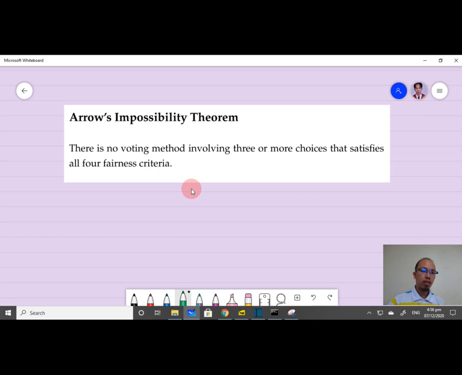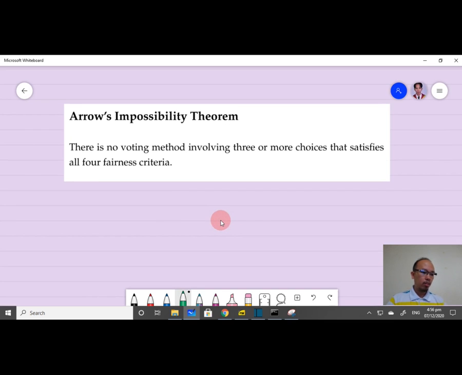Okay, so you cannot find any example that will not violate all 4 fairness criteria: the majority criterion, monotonicity criterion, Condorcet criterion, and the last one, the independence of irrelevant alternatives criterion.